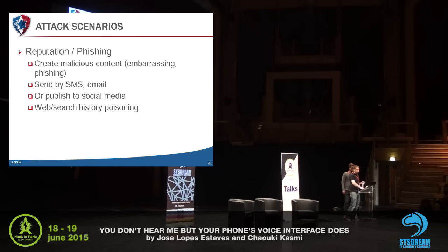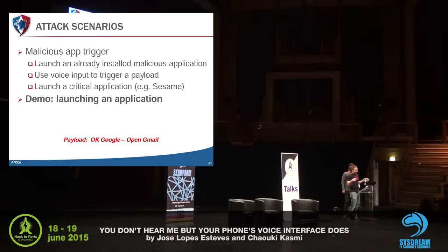And of course, you can send text messages or emails to the contact list of the target. We can also imagine triggering a malicious application, so it can be launching a malicious application when you want it to perform the malicious payload, or just to send a trigger to the application so that it triggers the payload.